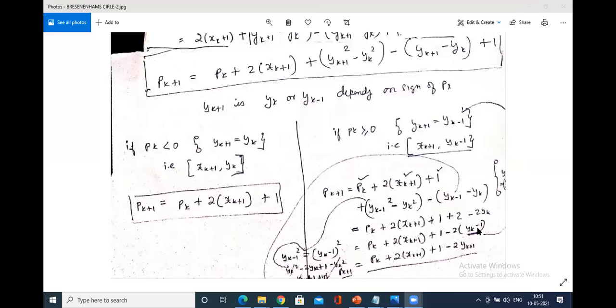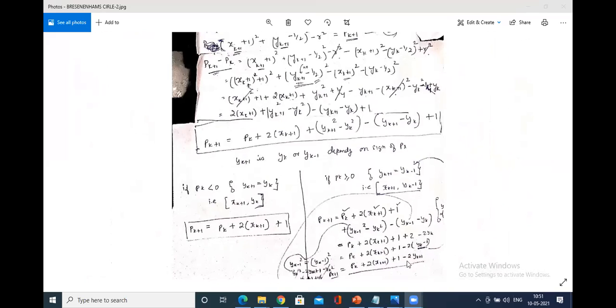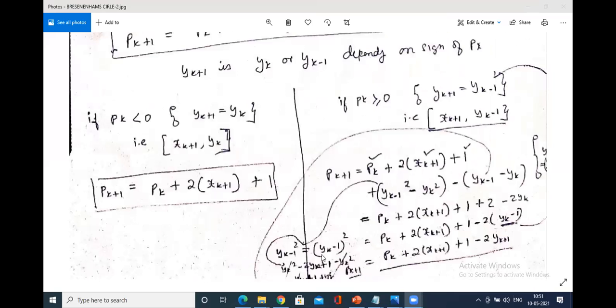I have shown you these lines. If you have a confusion over how we evaluated this calculation of yk minus 1 whole square, a square minus b square, it is shown over here.